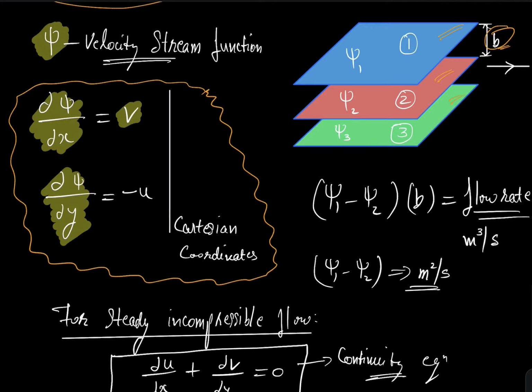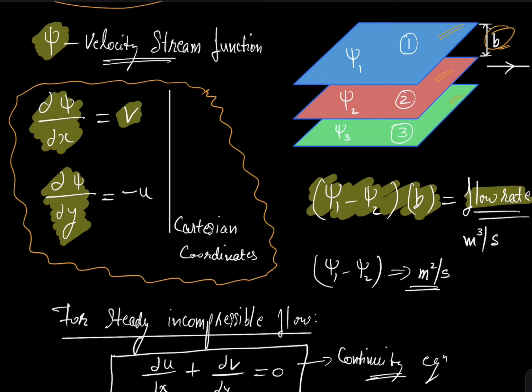The difference between both the functions, psi 1 minus psi 2, multiplied by the distance between them gives us the flow rate. Psi 1 minus psi 2 multiplied by the distance between both the laminas will give us the flow rate between both the laminas. Or you can say psi 1 minus psi 3 multiplied by the distance between these two laminas.